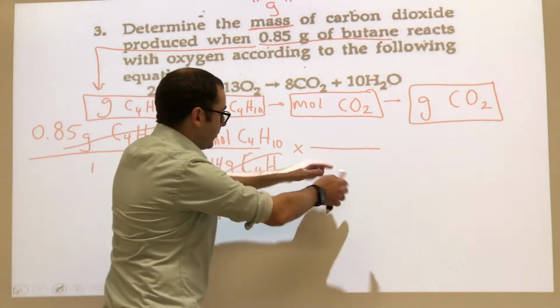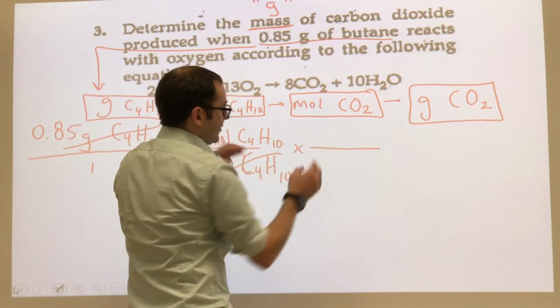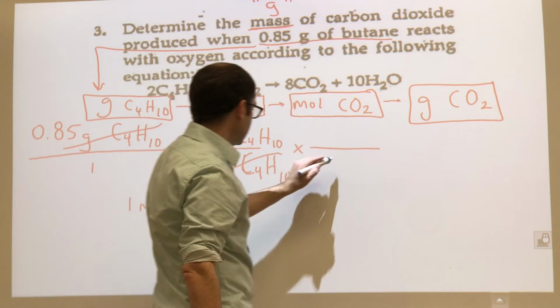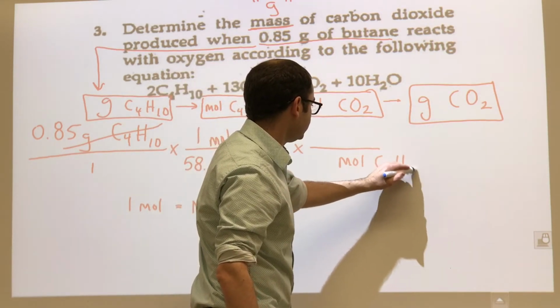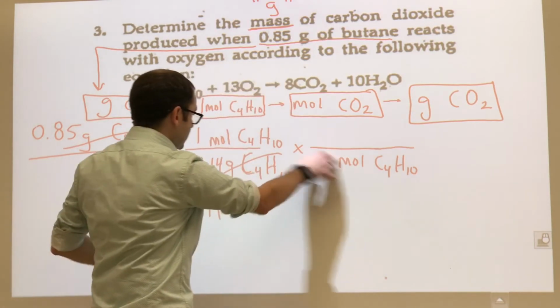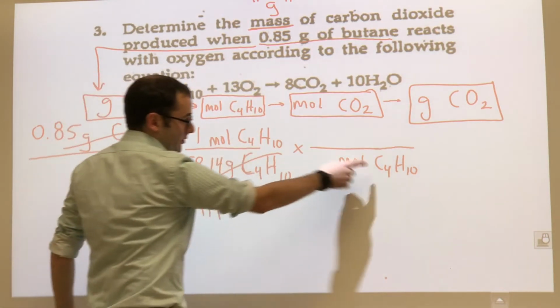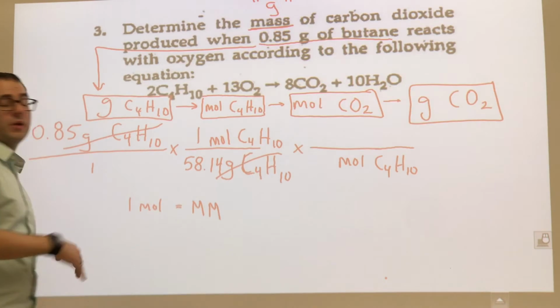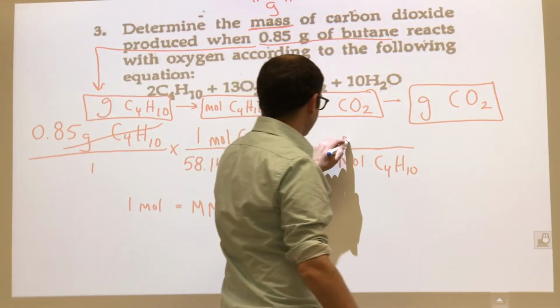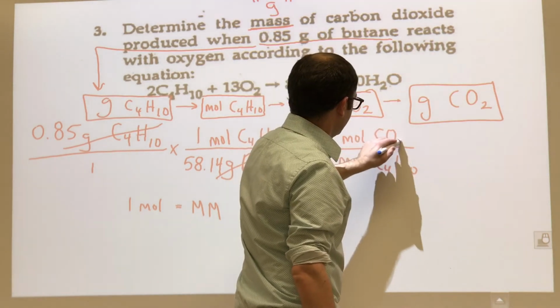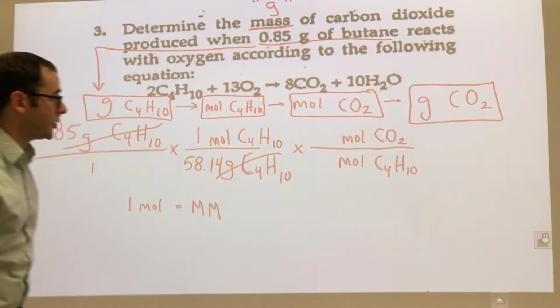Now in the next step, where it's going to be moles and moles, that's where you use the equation above. So let's do that one. On the bottom, we know it's going to be C4H10 because C4H10 is up here, so they need to cancel out. And then what are we looking for? That's what goes on the top. CO2, right? All right. And numbers.